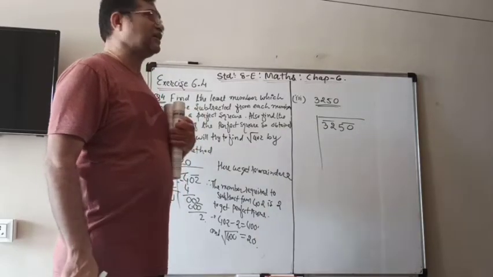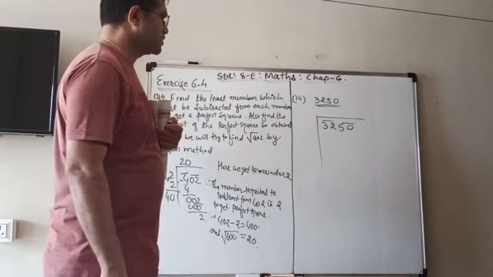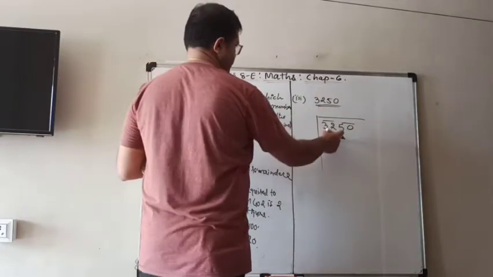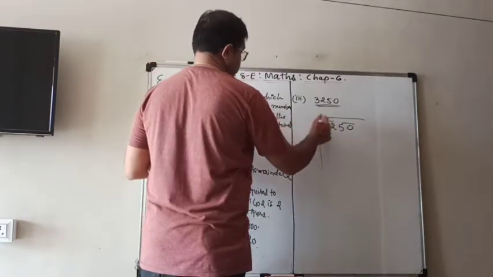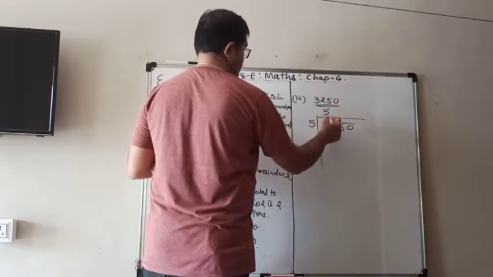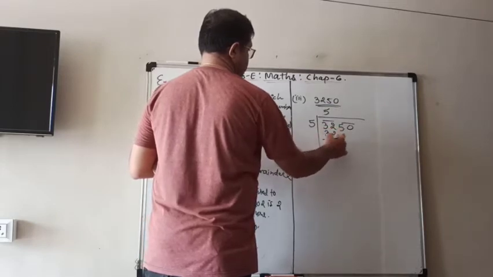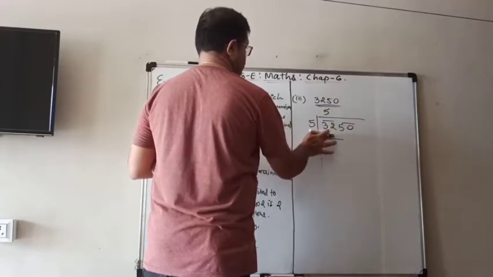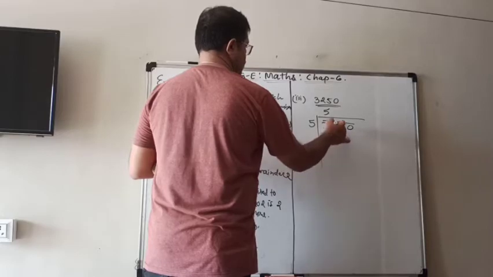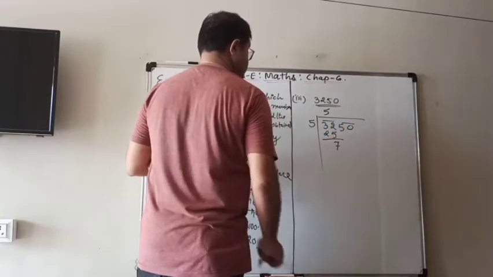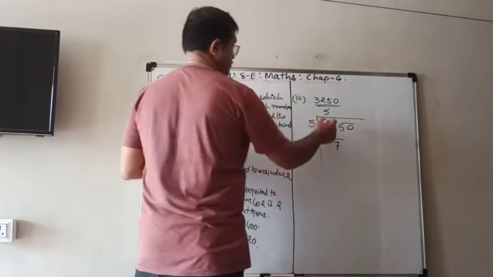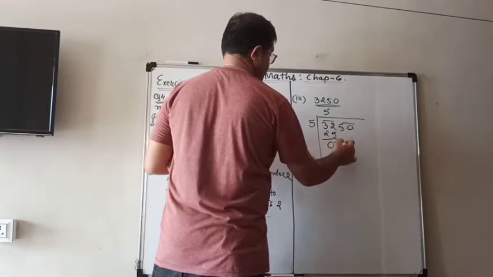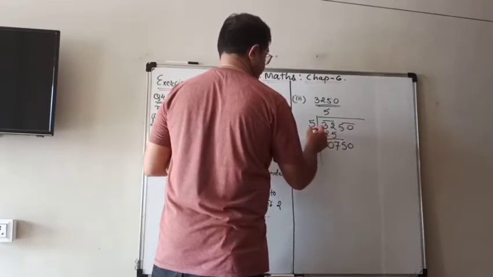Now start with 32. 5 5s are 25, 6 6s are 36 is more than 32. So 5 5s are 25. 32 minus 25 is 7. 2 minus 2 is 0, and 50 will come down together.